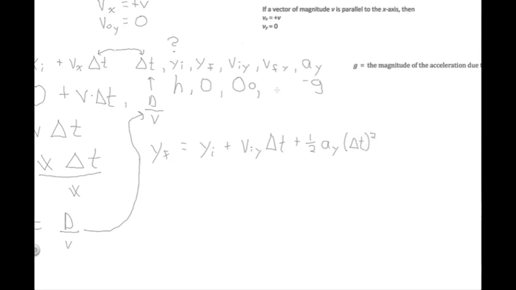Then we can plug in from our framework. Y final is 0, y initial is h, v initial y is 0.